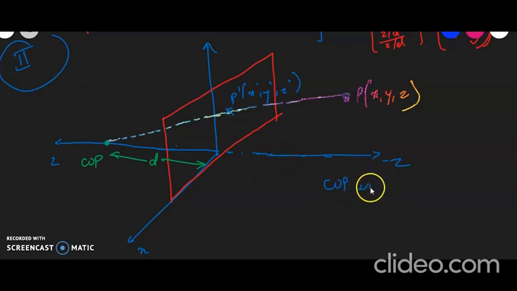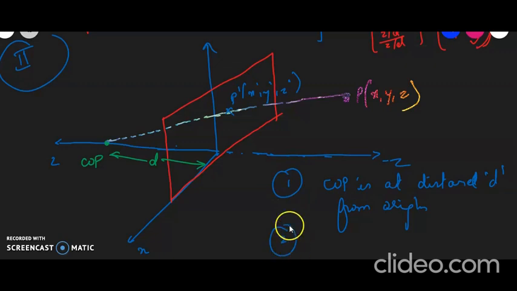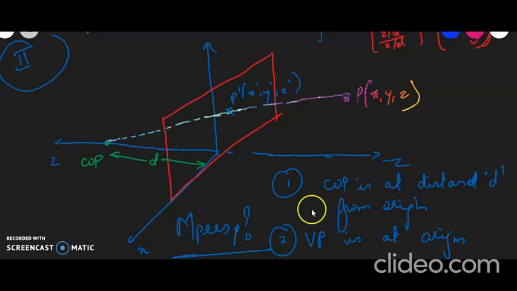The center of projection is at a distance d from origin. That's point number one. The second point is the view plane is at origin. That's my second point that is given to you, right? Now, can you get me the M perspective matrix?